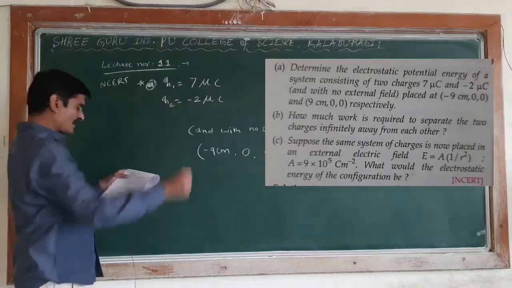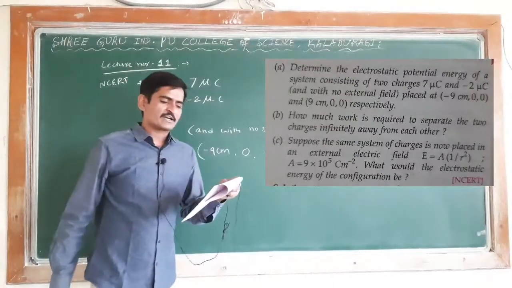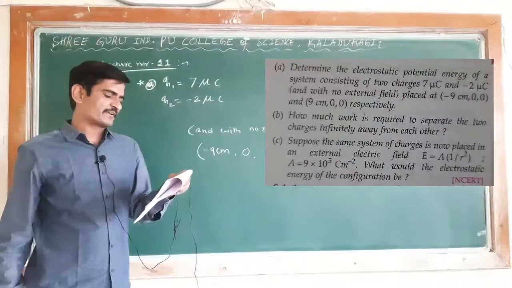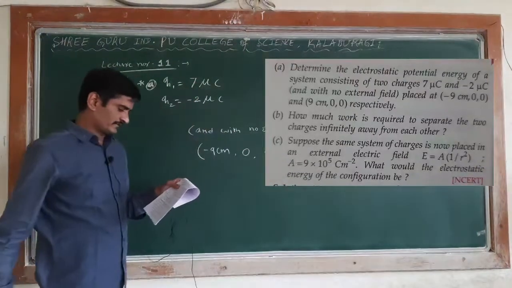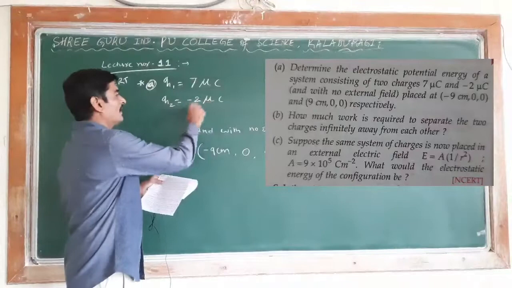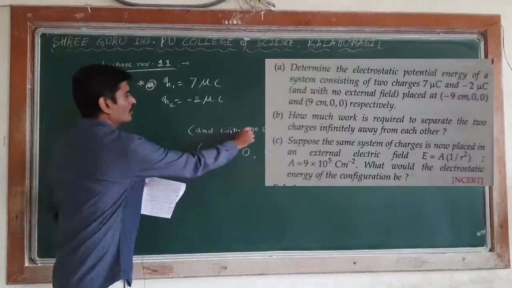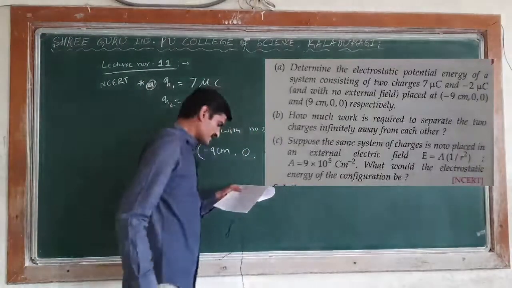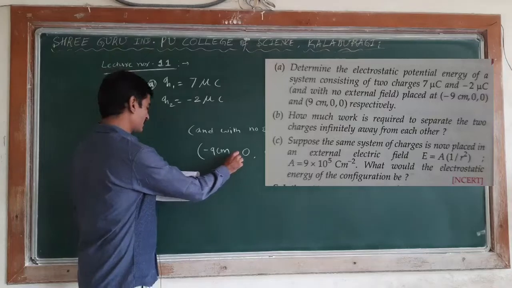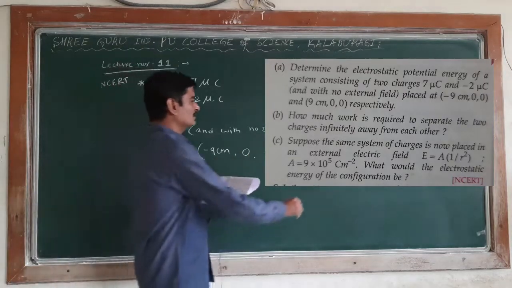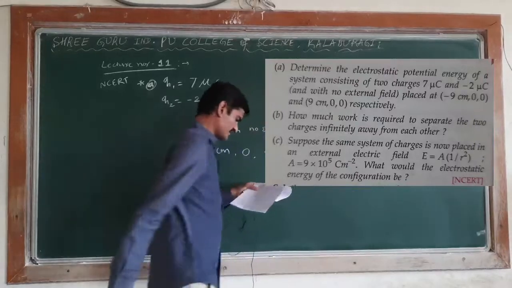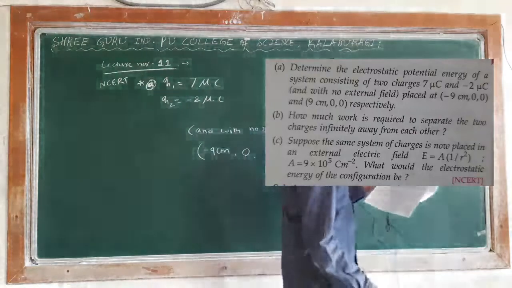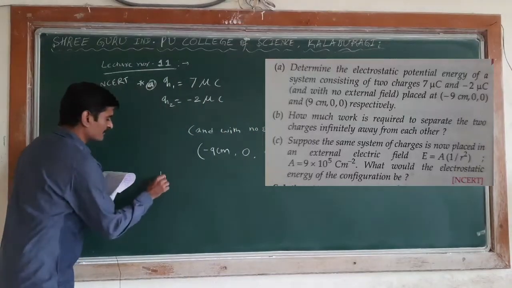Determine the electrostatic potential energy of a system consisting of two charges, 7 microcoulomb and minus 2 microcoulomb, with no external field, placed at minus 9 centimeter, 0, 0 and 9 centimeter, 0, 0 respectively. Please stop.